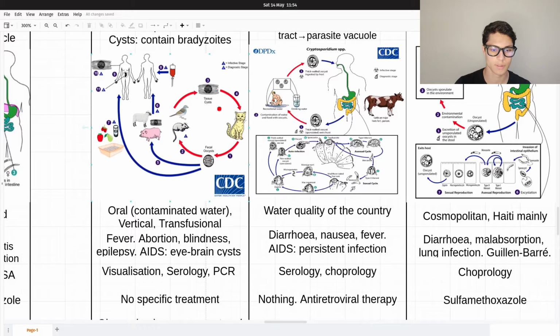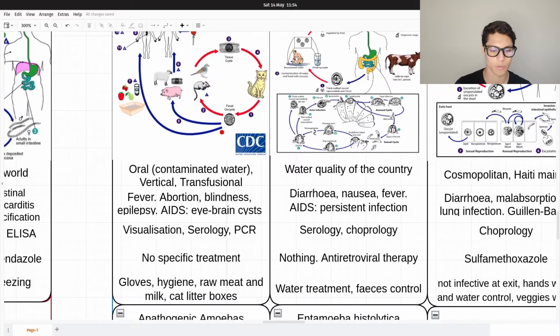Basically, the cysts are formed in the tissues of these animals, or in this case they can contaminate the water, and then we ingest those cysts via meat or via water and veggies as well, because if we wash those vegetables with infected water, then the transmission can occur as well.